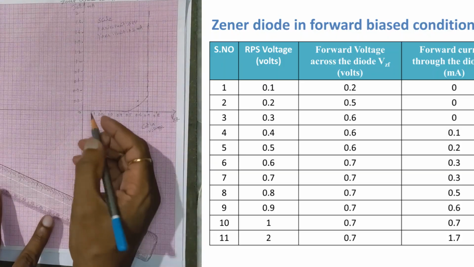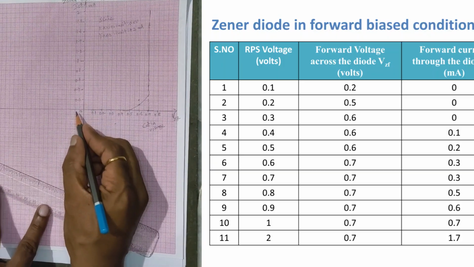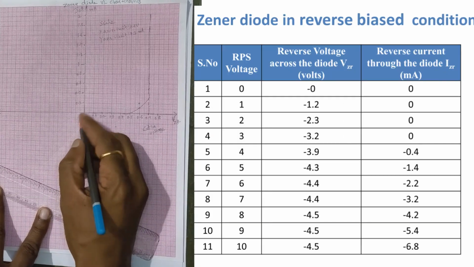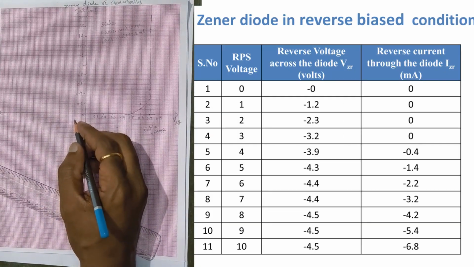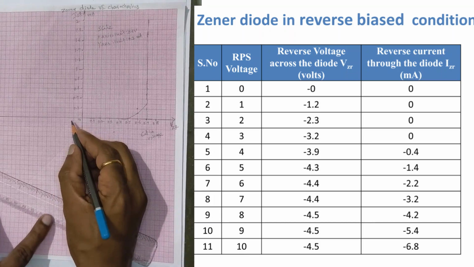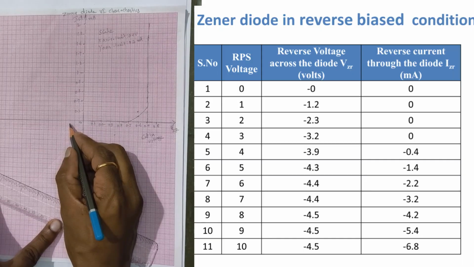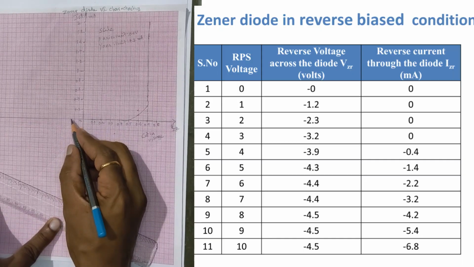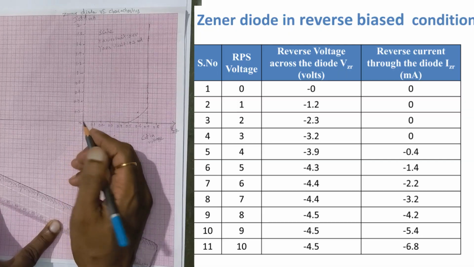Coming to reverse bias characteristics, by observing the table, corresponding to 0 the value of current is 0. The maximum voltage we have applied from the RPS is up to 10 volts, but the Zener voltage maximum is 4.5 only.